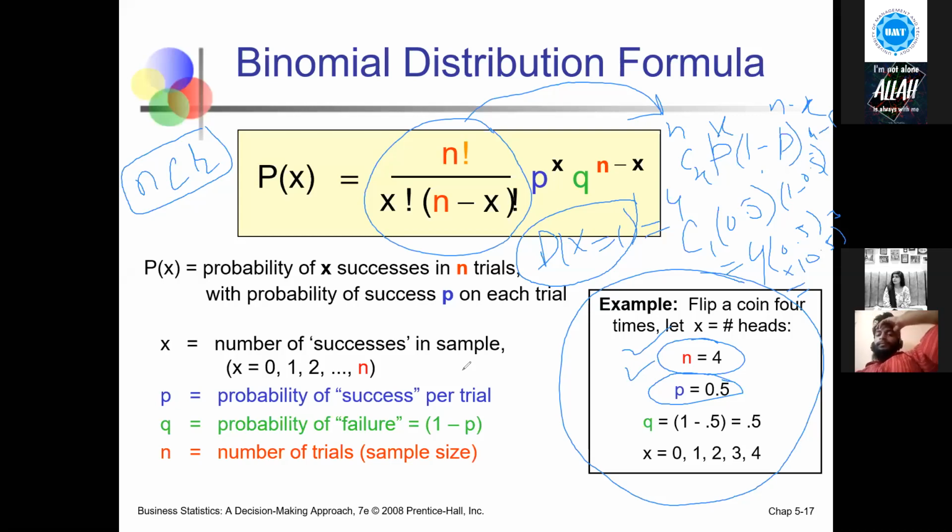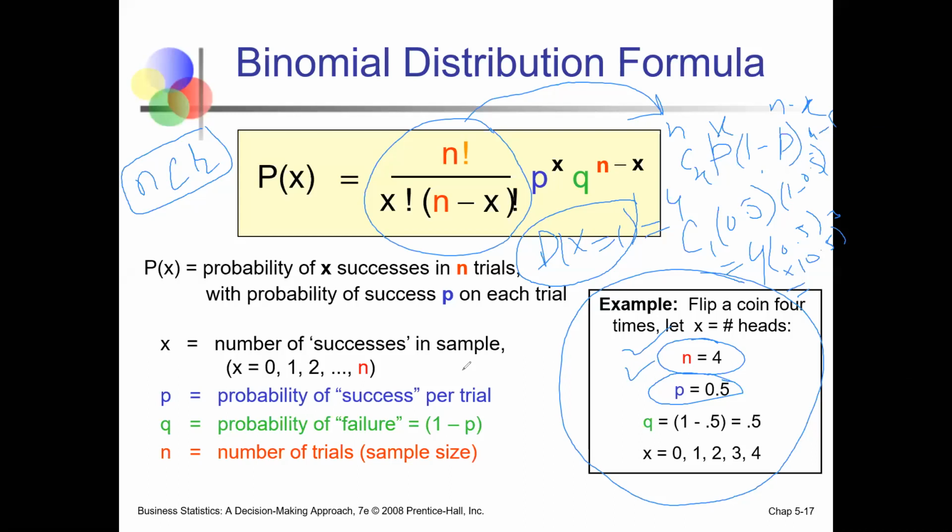This is the easiest way to find the probability using binomial distribution. That is one example I have performed. In the next example, I have many more things to guide you, so hold on for the next thing.